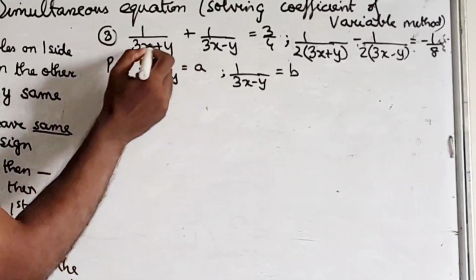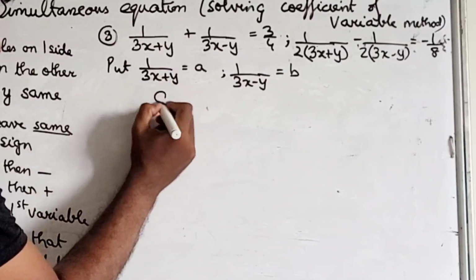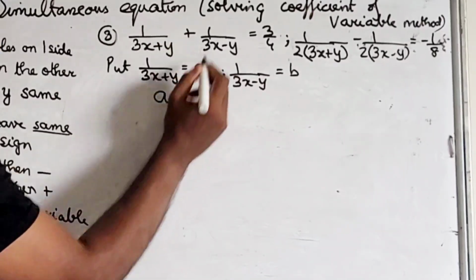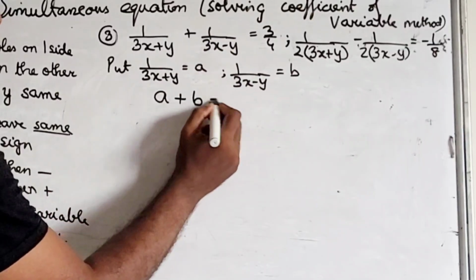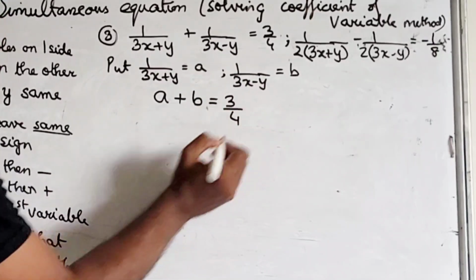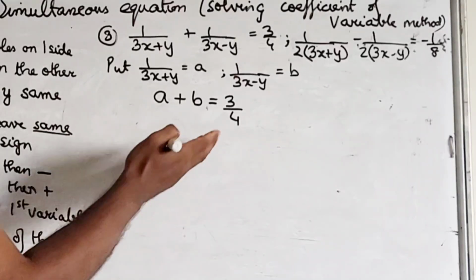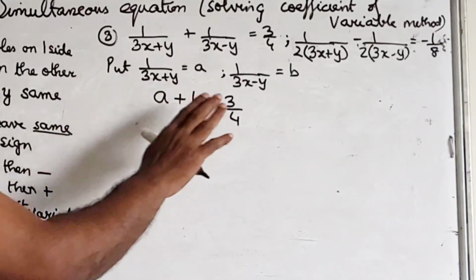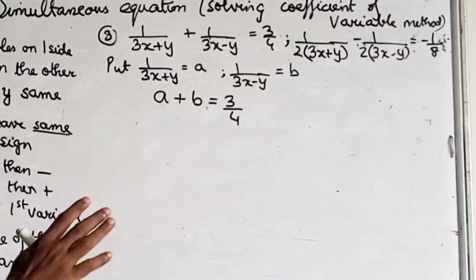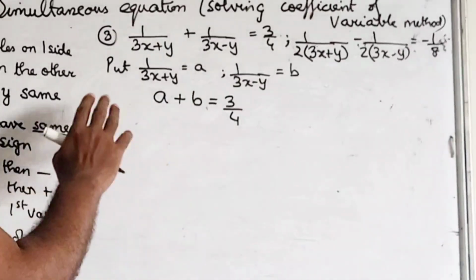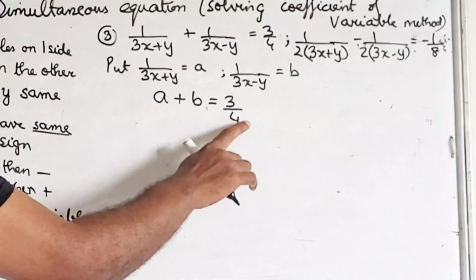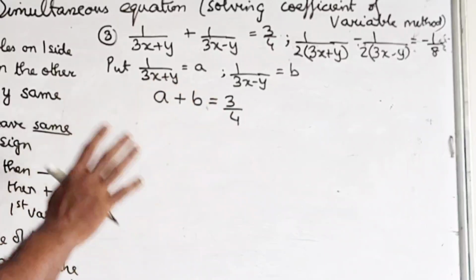So the first equation becomes: this whole thing is a, plus this whole thing is b. a plus b is 3 upon 4. Now, the thing I wanted to explain long back, I got it over here. There's only one term in fraction form, and that's on the right hand side. I don't want a denominator, I don't want a fraction.